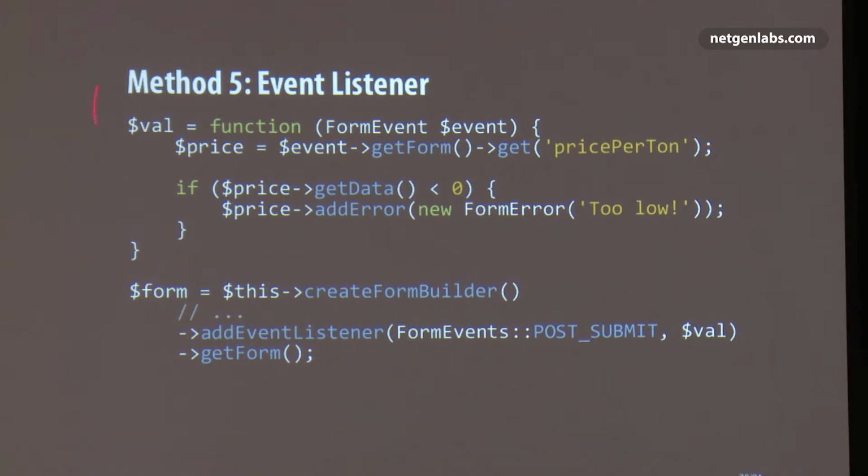And then we add this closure as post-submit event listener to the complete form. This means every time that the form is submitted, this code is executed, and if the price is too low, then the error is added. So basically that's very much the same thing as the controller code, but without the duplication. Because we just specify the code once in the location where we configure the builder.